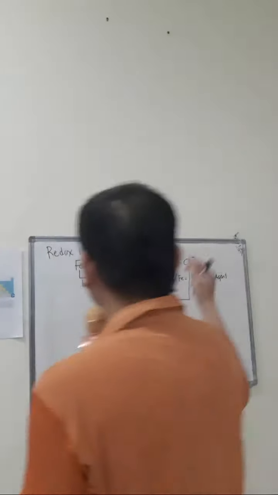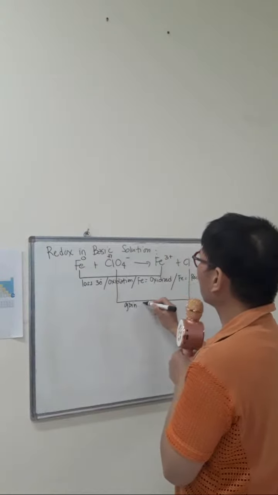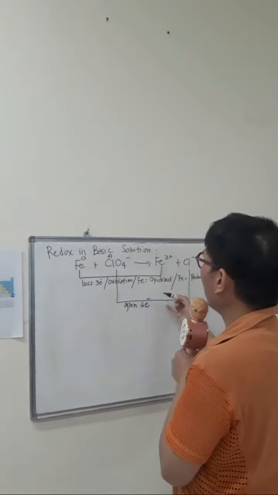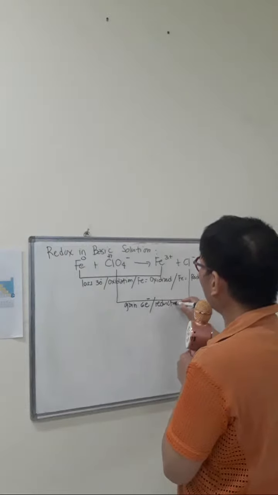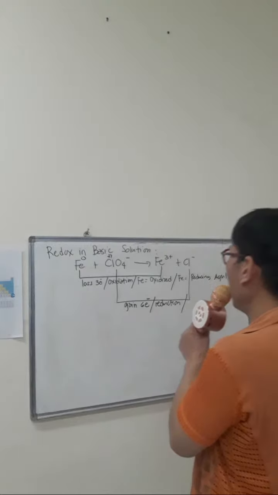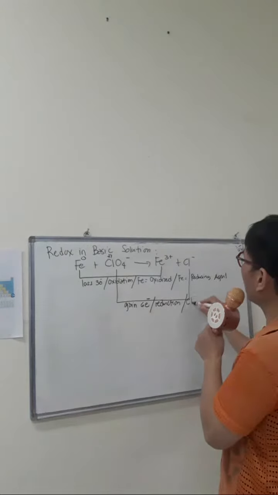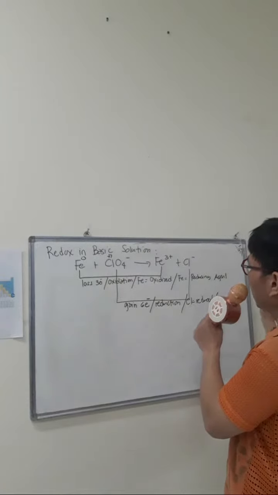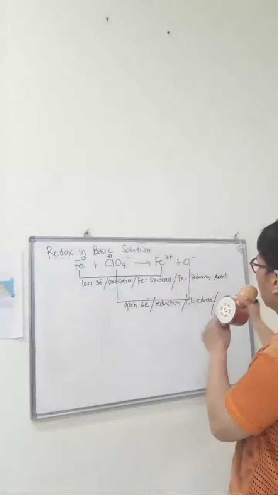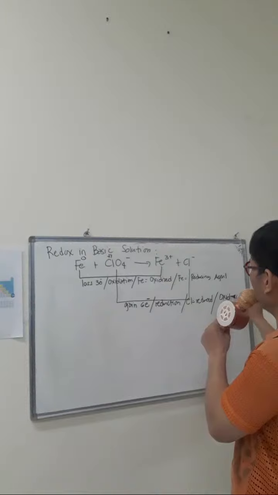So it's a gain of 6 electrons, and this is reduction. The element being reduced is chlorine, and chlorine is the oxidizing agent.